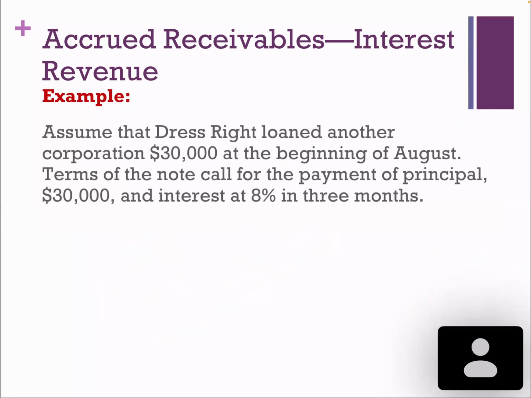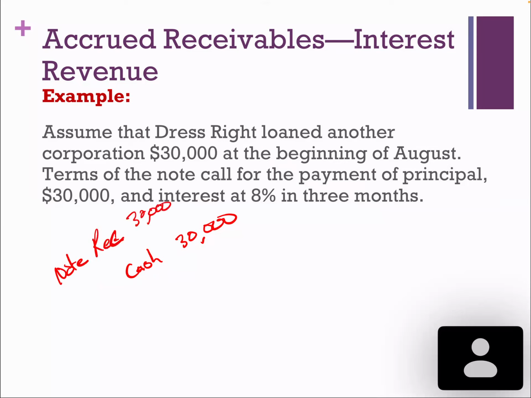Okay. So if we loaned another company money, $30,000, think about that. We're giving them money, so our cash is going down. And then we're debiting, in this case instead of a payable, a receivable, right? Note receivable, $30,000.